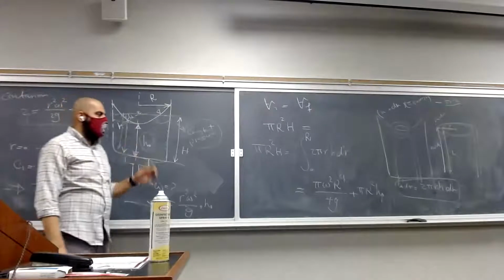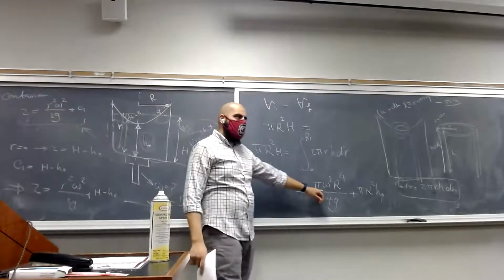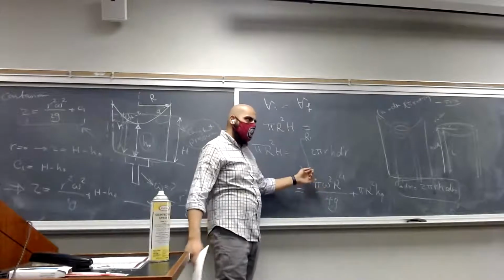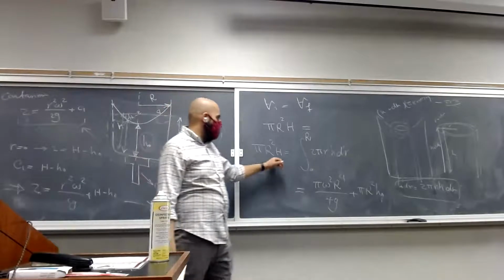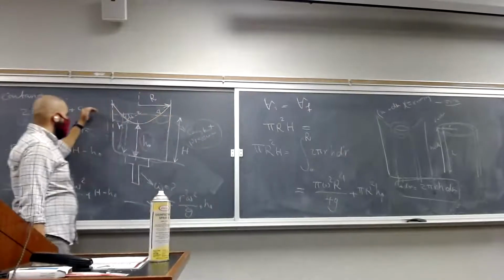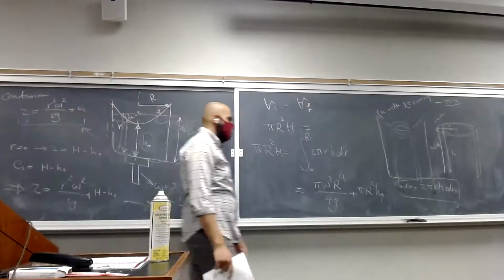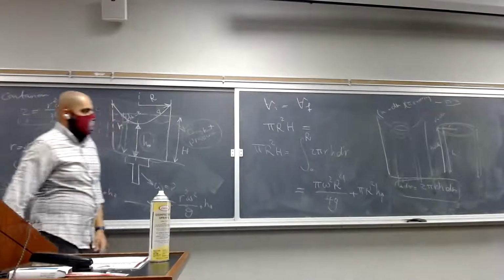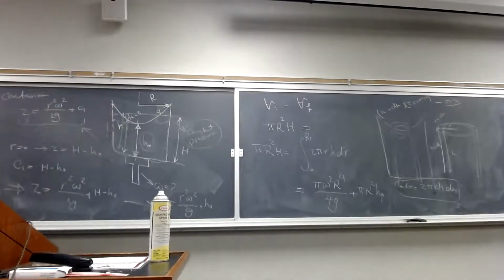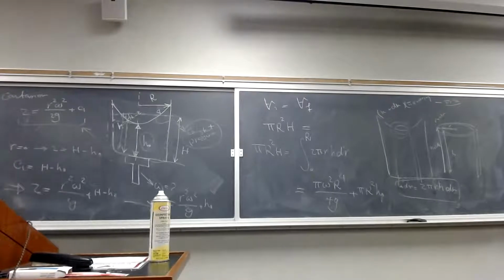And the only parameter that is unknown here is your omega. Pi, we already know what pi is. R is the radius of the container. H is the initial free surface height. H naught is the final free surface height. And we have everything here except for omega, and we will be able to measure omega here.